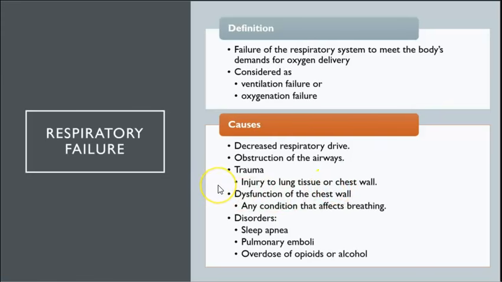So think gunshot wound, think blunt force trauma to the chest. Dysfunction of the chest wall. When I think of dysfunction of the chest wall, I think of an anatomic malformation on that body. So maybe the patient has scoliosis, maybe they have sleep apnea where they're really morbidly obese and their chest wall can't move as well.